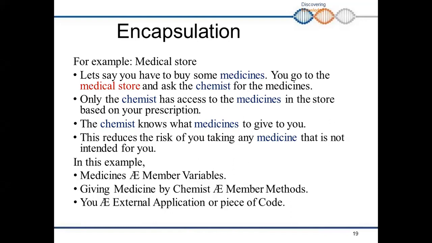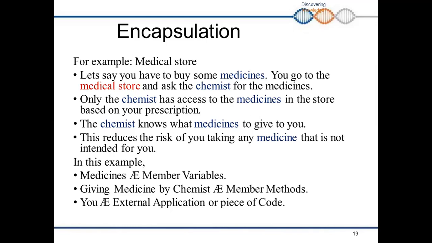So in this example, the medicine is our member variable, giving the medicine by the chemist is our method, meaning our function, and you are the external application or piece of code. You are the external accessor.